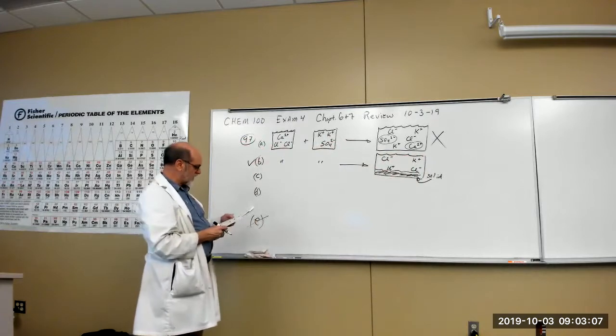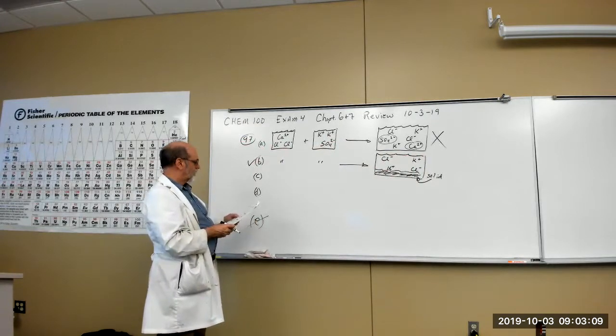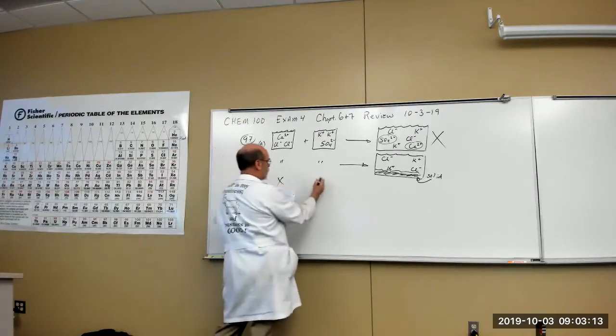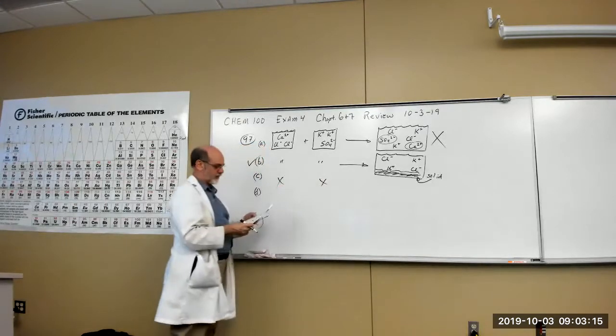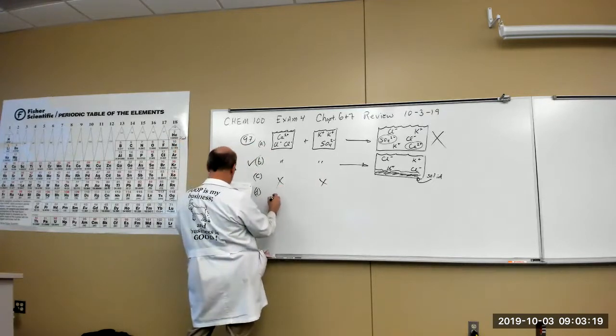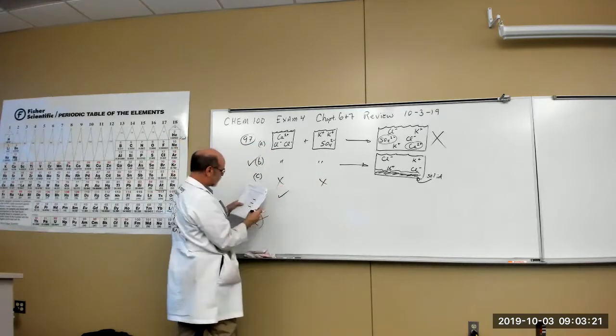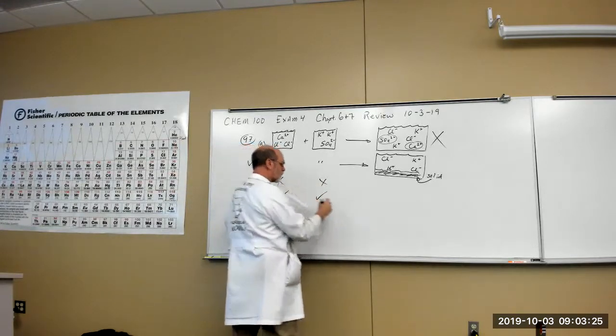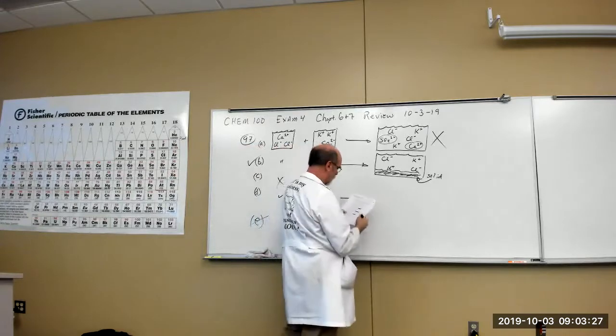If we go down to C and look at it, the reactants are wrong. That one's wrong, and that one's wrong. Right, so you can stop there for that one. D, that reactant is good, and this reactant is good. So if you get to that point, then you have to look at the product.